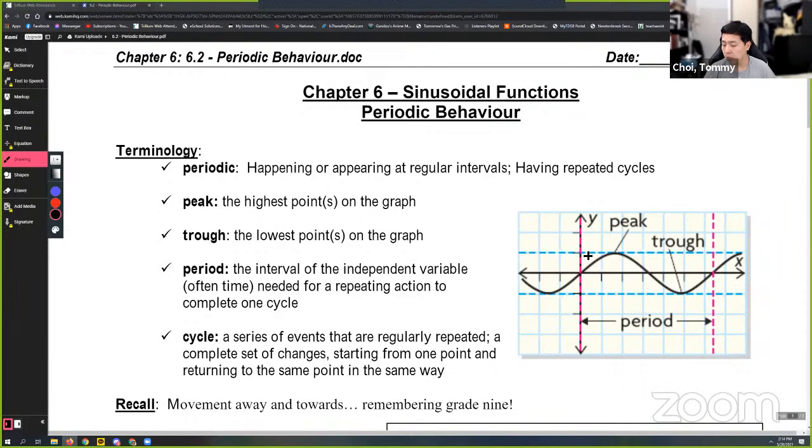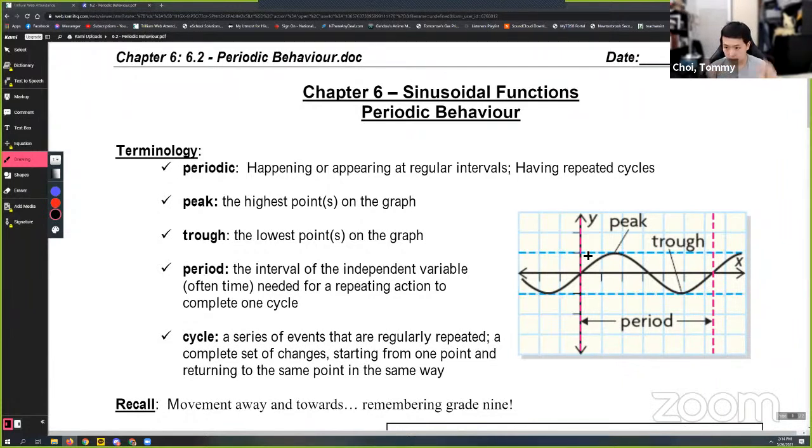Does that make sense? I hope that's more clear. Okay. So the boomerang is the periodic motion, right? The boomerang is a periodic repeating cycle, and then the period is how long it takes for that boomerang to repeat. Now that I think about it, that's much better for you guys to remember.